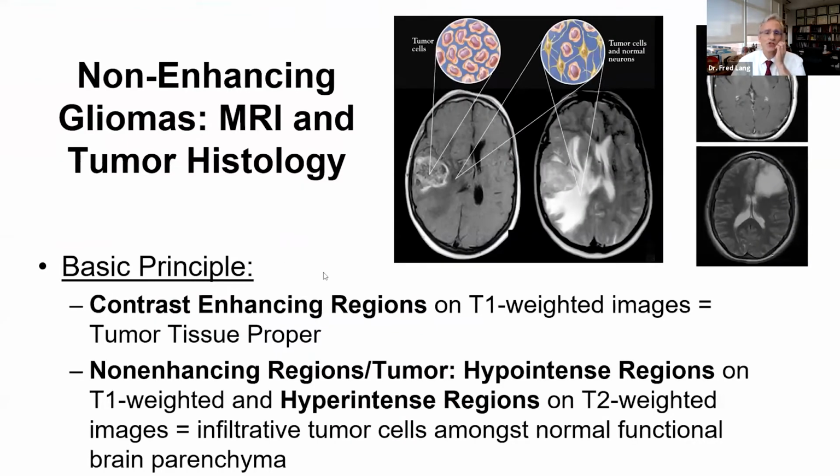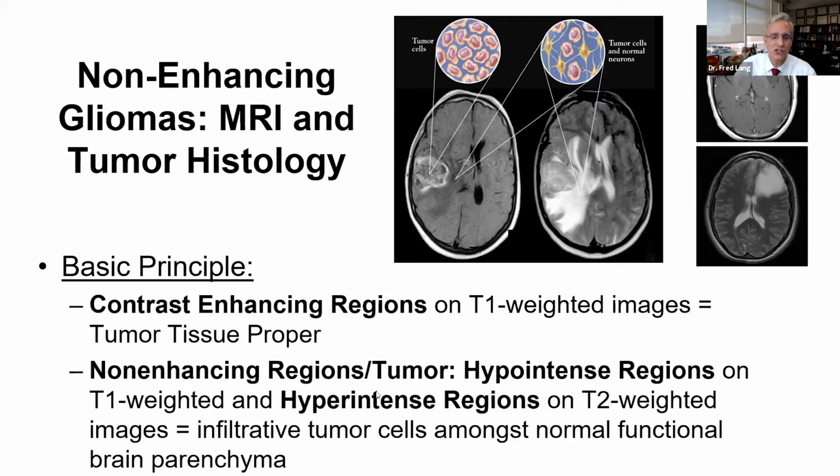So I think for the surgeon, it's critical to recognize that there's a major difference between contrast-enhancing tumors and non-enhancing tumors. Inside a contrast-enhancing tumor, the tumor cells are abutting each other, and there are only tumor cells.